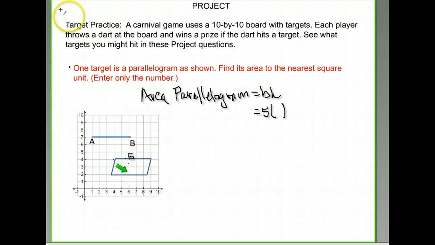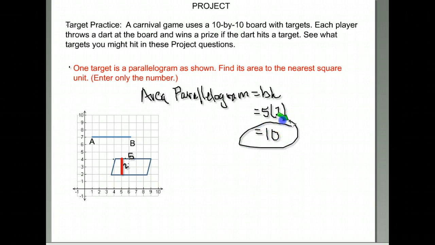Notice if I draw a line in there, the distance between them, that's my height right there, is a height of 2. Okay, so the area of this parallelogram is 5 times 2, or 10. And those would be 10 square units.